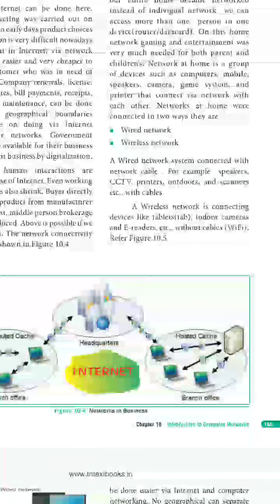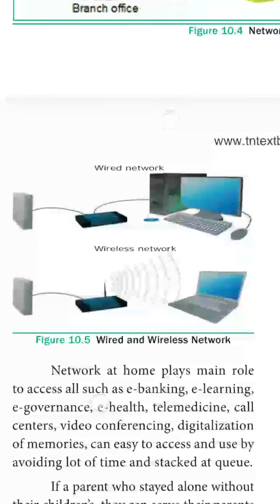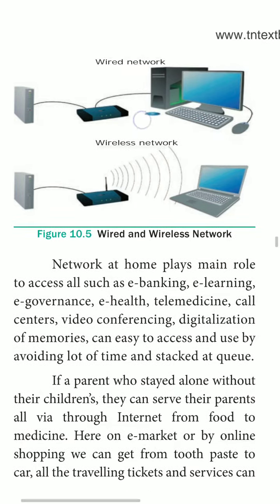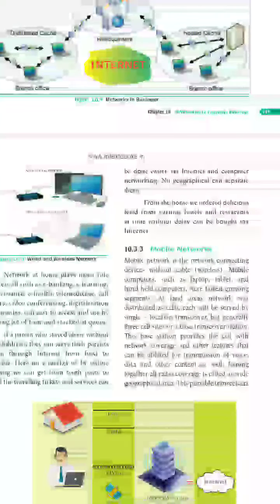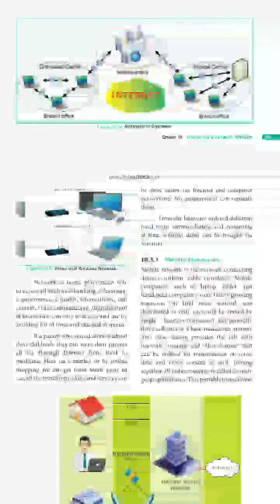Refer to figure 10.5. So this is a wired connection, and the next one is the wireless connection. The modem is connected to the computer with a cable, but in the wireless connection, a computer or a laptop is connected without the wire connection. So here also geological location is not an option.